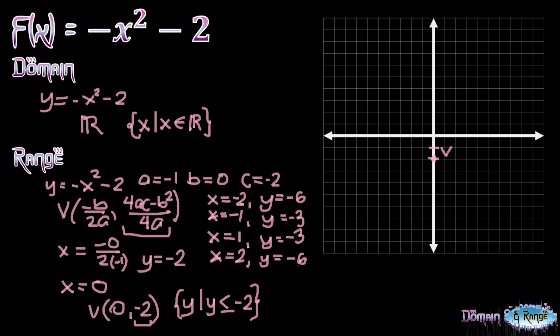Plotting all these 4 points, here we will have our graph. So you have negative 2 and negative 6. That's 3, 4, 5, 6. Here's the other point. Then we have negative 1 and negative 3. Here is another point. On the other side, 1 and negative 3. We have 2 and negative 6.